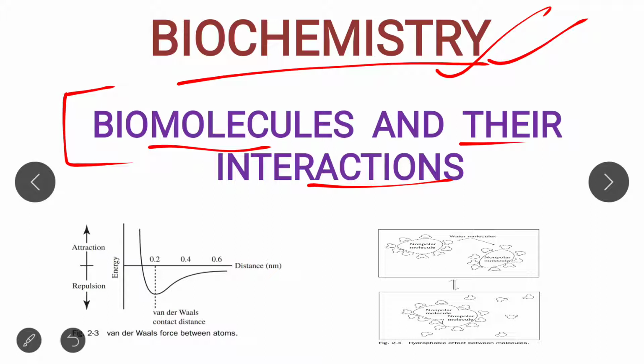First of all, we should look at the biomolecules and their types, then we will go to the interaction part. In the interaction part, we mainly deal with non-covalent interactions.